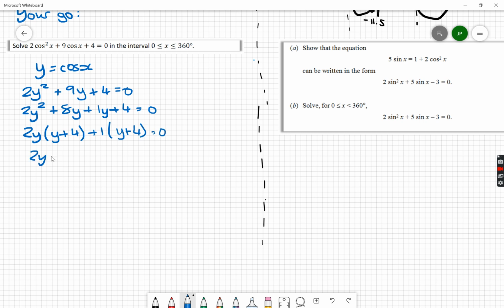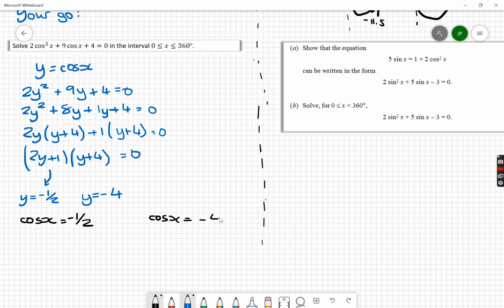So we'll end up with 2y plus 1 and y plus 4. So my two values will be y equals minus a half, and y equals minus 4. We're interested in x's not y's, so I can substitute that back in. So I can have cos x equals minus a half, or cos x equals minus 4.